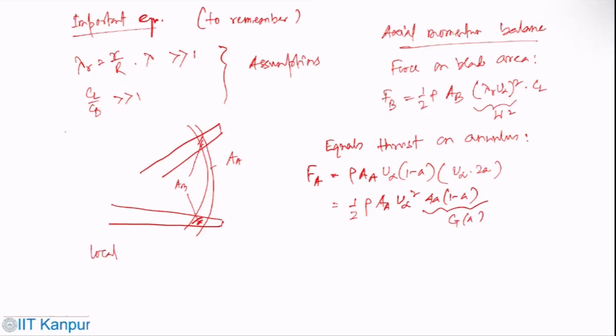We have local solidity, which is sigma r equals AB by AA, that is B into c by 2 pi r. Now we can find out the optimal chord.